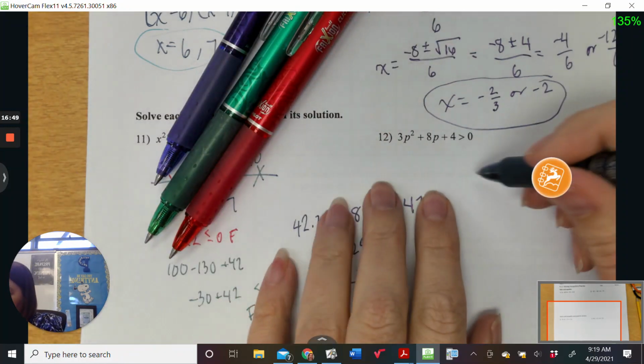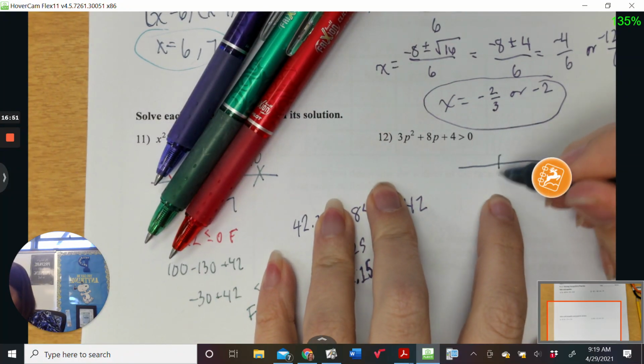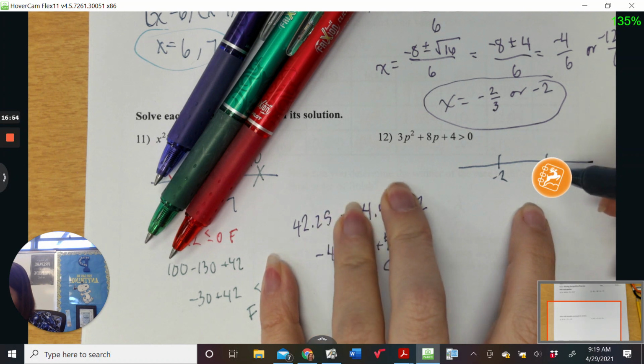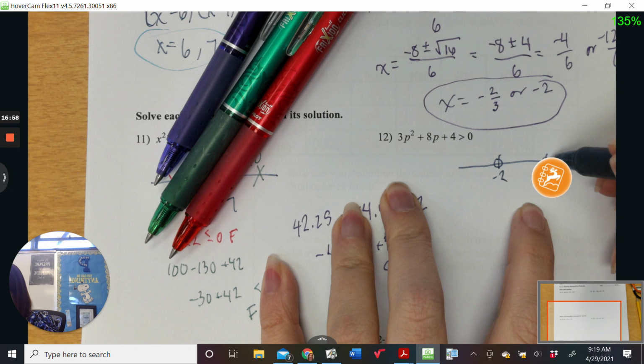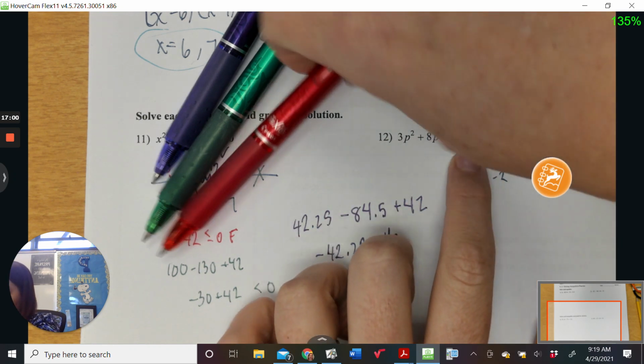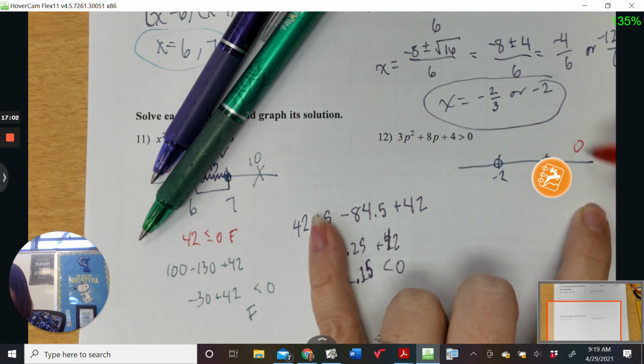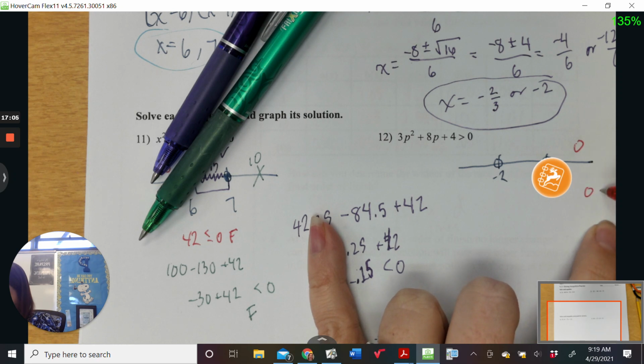So then for number 12, my numbers are negative 2 and negative 2/3. They're both open circles because it says strictly greater. I'm going to test 0. 0 plus 0 plus 4 is bigger than 0. Yeah, 4 is bigger than 0. True.